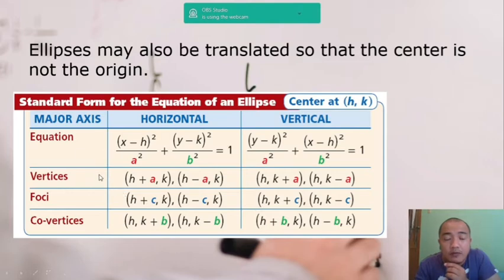So these are the formulas for vertices, foci, covertices. It's the other word for conjugate axis. Okay, dito yung mga formula. Later on, we will discuss each case. Case 1, horizontal. Case 2, vertical. So you are advised to memorize these formulas so that we will have a smooth graphing of the ellipse. Okay, memorize natin yan.